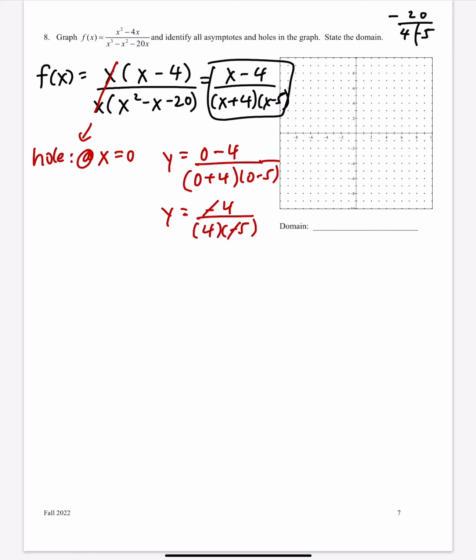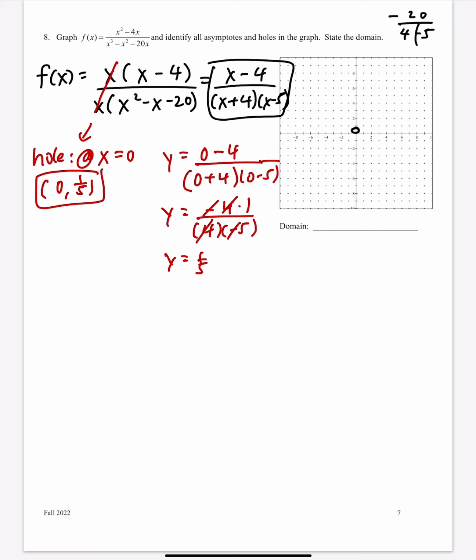I like to cancel out the negatives, so that's a positive. And I'm going to cancel out the 4s, which means I'm left with a 1. So y is 1/5. So there's a hole at 0, comma, 1 over 5. So let's plot that point here. 0, comma, 1 over 5 is like somewhere over here.